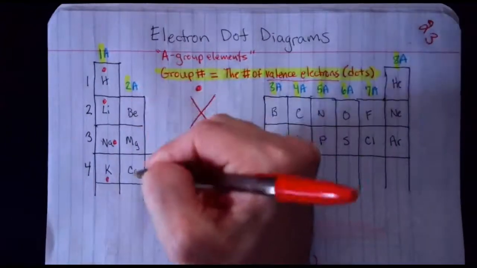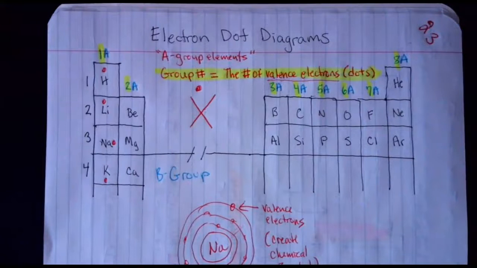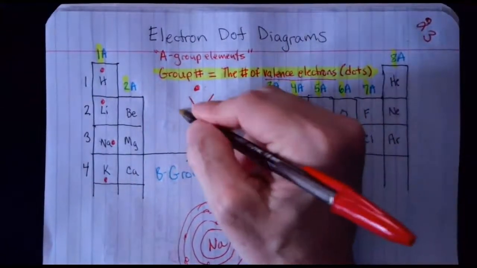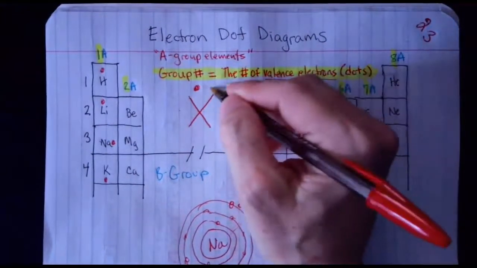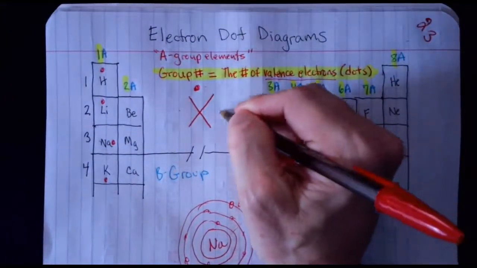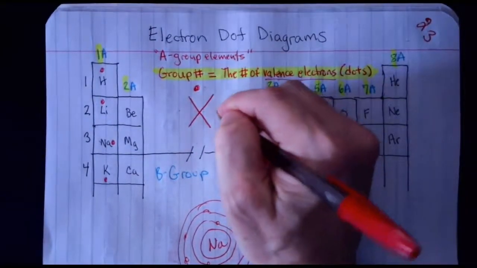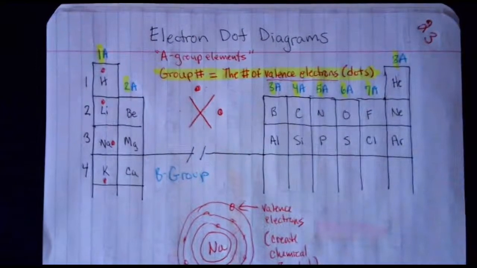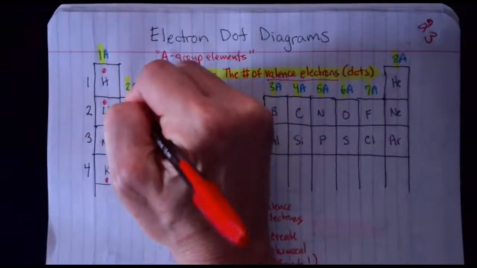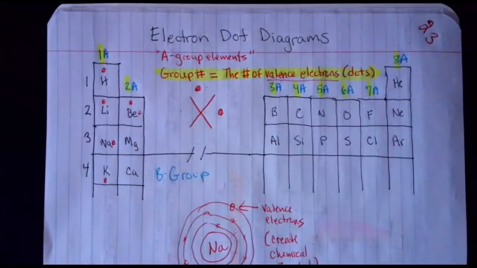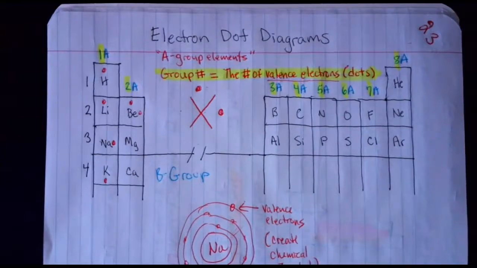All right, for 2. Now here's the trick. You can't pair them up. You have to separate them as much as possible. Pairs can only happen once you have a dot on each of the 4 sides first. Okay, so the next column is going to have 2 dots because there's 2 valence electrons for all of these elements. That's why they behave similarly. They have similar chemical reactivity because they have the same valence electrons.